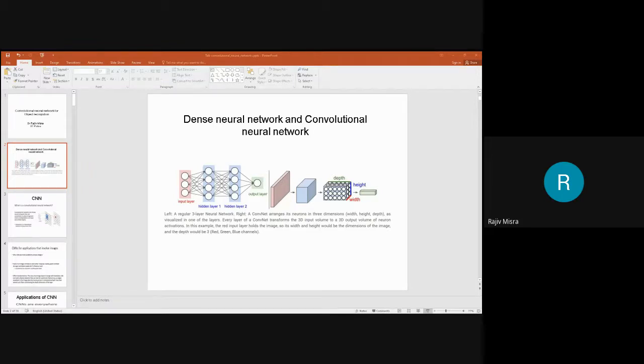Since it is specialized for images, it is not only simple matrix multiplication, but these operations performed on the pixels of an image are called convolution. And that makes the difference between the normal traditional deep neural networks and the convolutional neural network. Here the operations are specialized only for images.